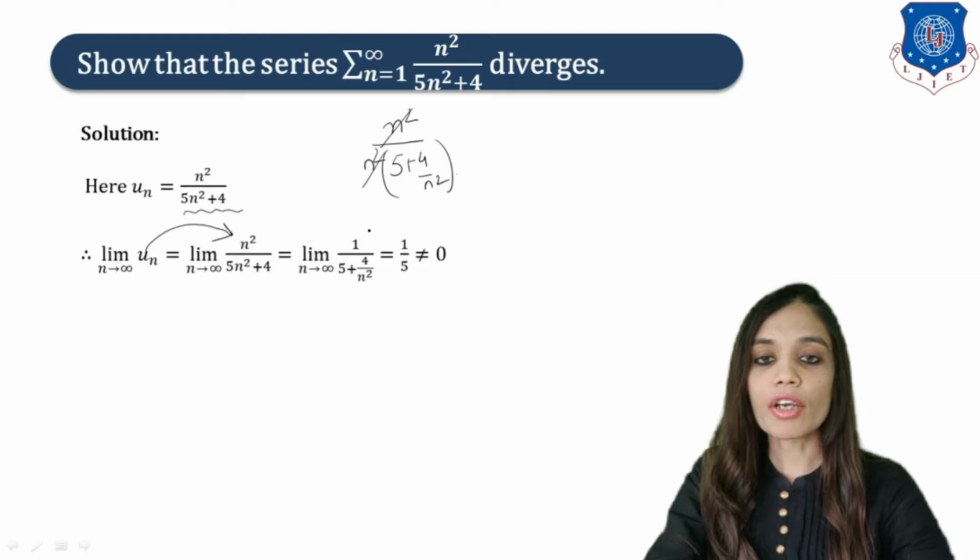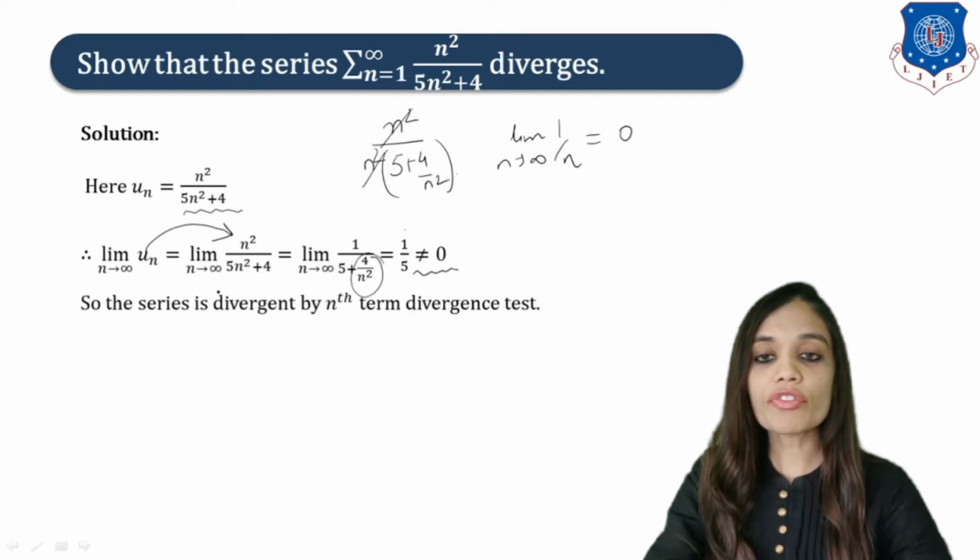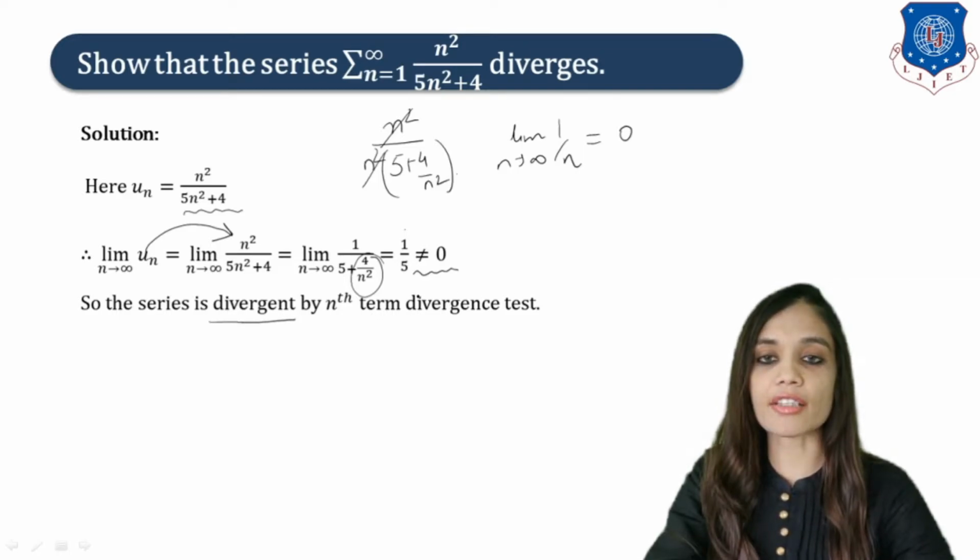So what will remain? 1 upon 5 plus 4 upon n square. Now we know limit n tends to infinity 1 upon n is equal to 0. So this term will go to 0. So finally what will remain? 1 upon 5, which is not equal to 0. So what we can say is that the series is divergent by the nth term divergence test.